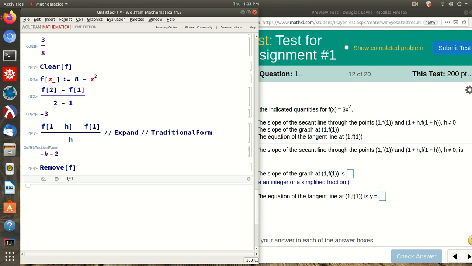So the slope is going to be f of 1 plus h minus f of 1, divided by 1 plus h minus 1, which is really just h.